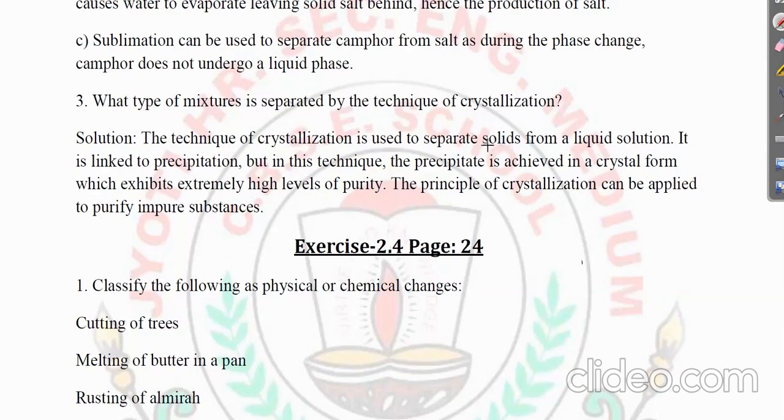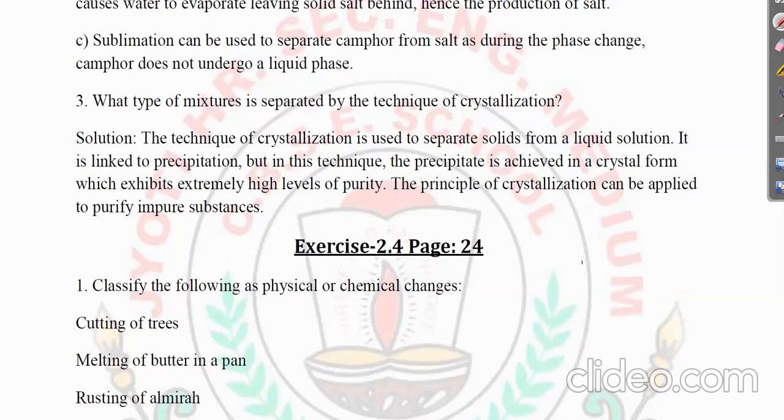During this slow cooling, with the addition of a parent crystal, after some time crystals will form. This method is known as the crystallization method. Sometimes, for obtaining pure solid substances, the crystallization process is also applied.